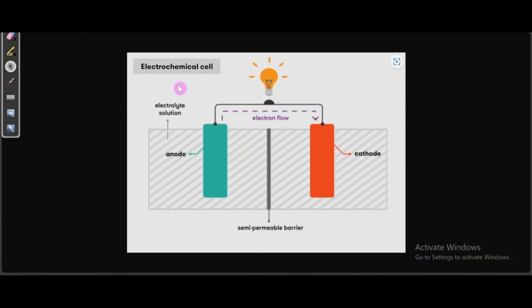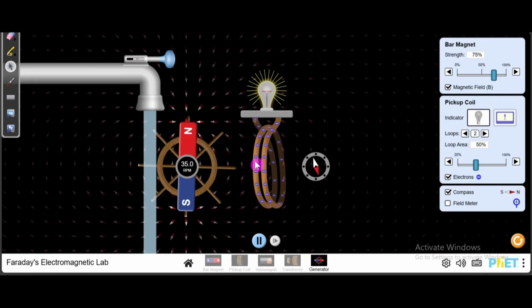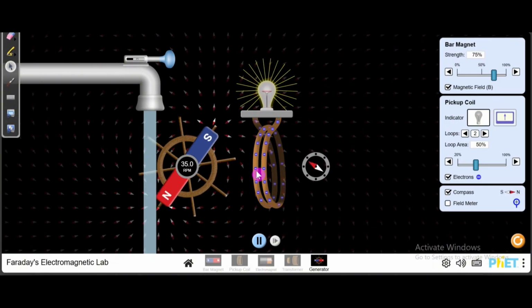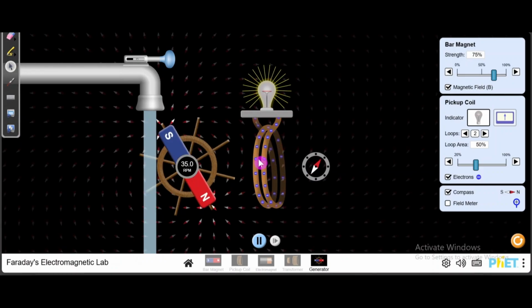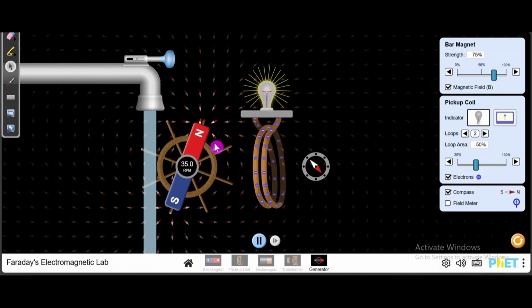Inside the electrochemical cell we have a redox reaction, which occurs in the electrolyte. As a result of the redox reaction, some force is exerted on the charges present inside this circuit. Due to this, the charges will start to flow, and the flow of charge is called current, due to which this light will turn on. Similarly, in this case the force is exerted on the charges, but the procedure is different.